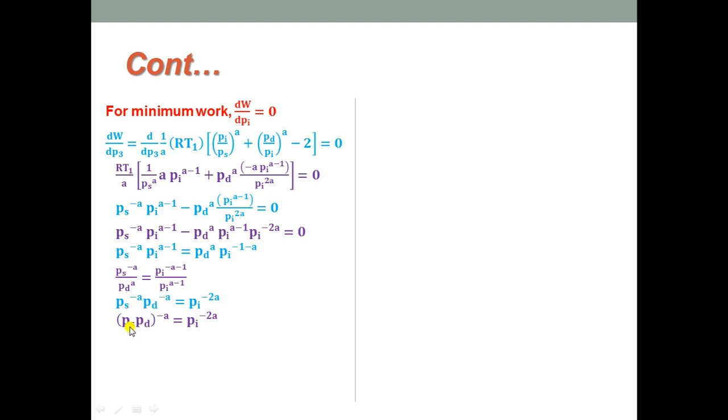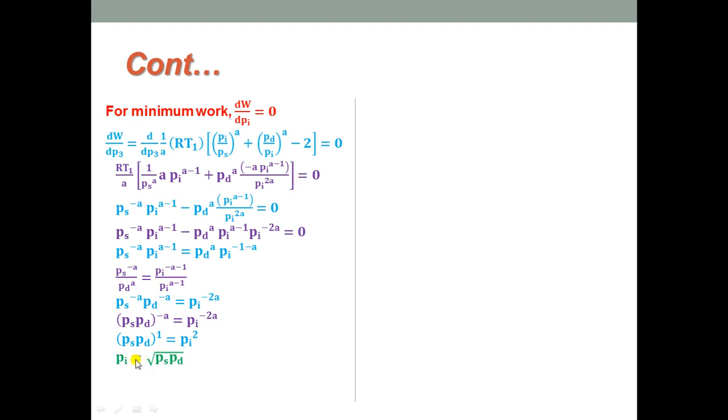We can write it as Ps into Pd whole to the power of minus A, which is equal to Pi to the power of minus 2A, and the negative sign can be removed here, since on both sides we have the negative form.